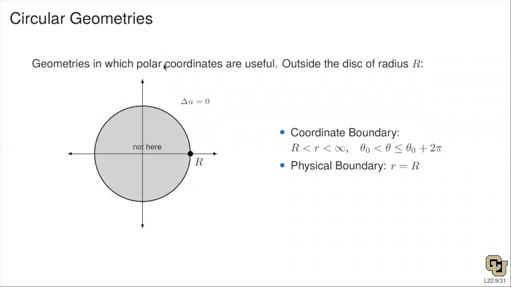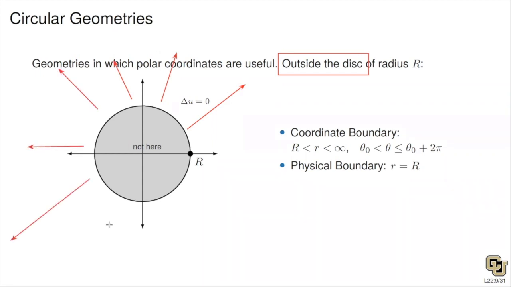The opposite problem would be outside the disk. So here we've got an infinitely large metal plate, and we punch a hole in it, right? And we're outside, and there's a boundary right here, which could have some prescribed temperature applied to it.